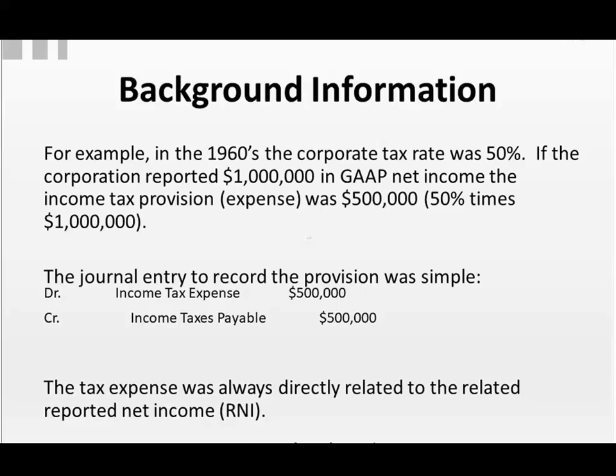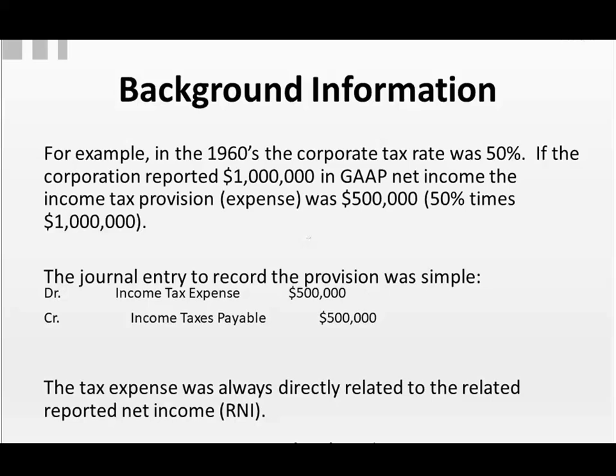Now we got it down to 21%, and we got deficits, and we're broke. Anyway, if the corporate reported net income was $1 million, the GAAP net income, we made a journal entry that looked like the one you see up on your screen there. Debit income tax expense, 50% of the million or 500,000, and credit income taxes payable for 500,000. So again, the tax expense was directly related to the reported net income.